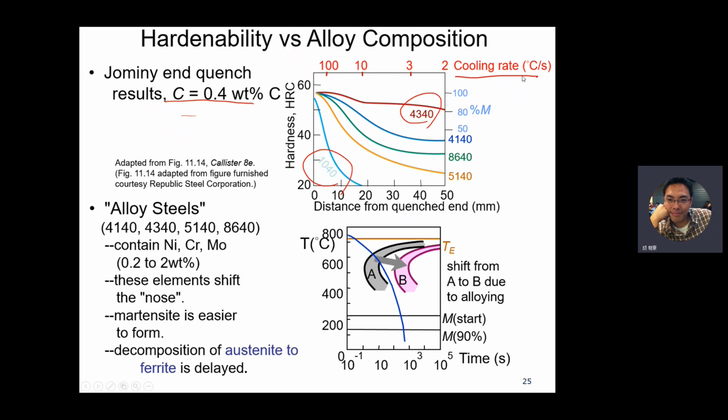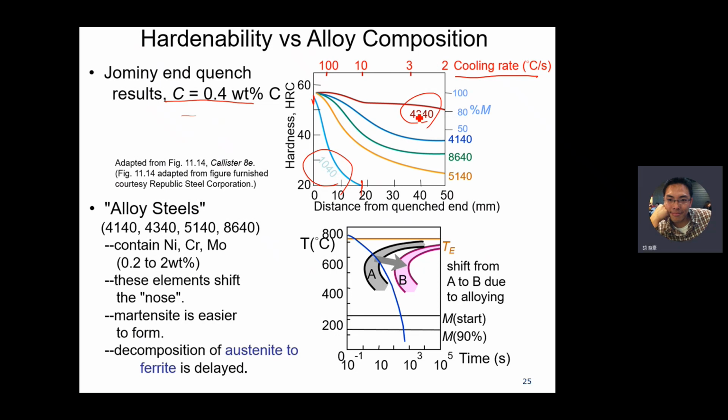Okay, for the 1040 steel, its quench end has the highest hardness, right? The hardness reaches 20 HRC at a distance from the quench end of about 18 millimeters.